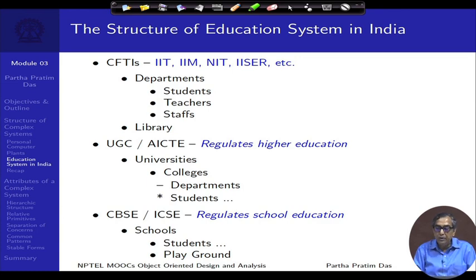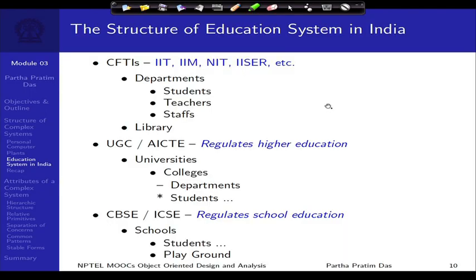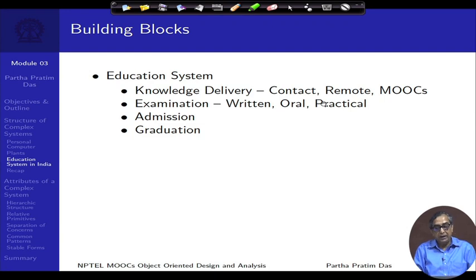CBSE has schools, schools have students, playground and so on. So, again we see that in a system of social, political, administrative nature, it is really a complex system, but it again shows the same kind of hierarchy, the same kind of system-subsystem decomposition.